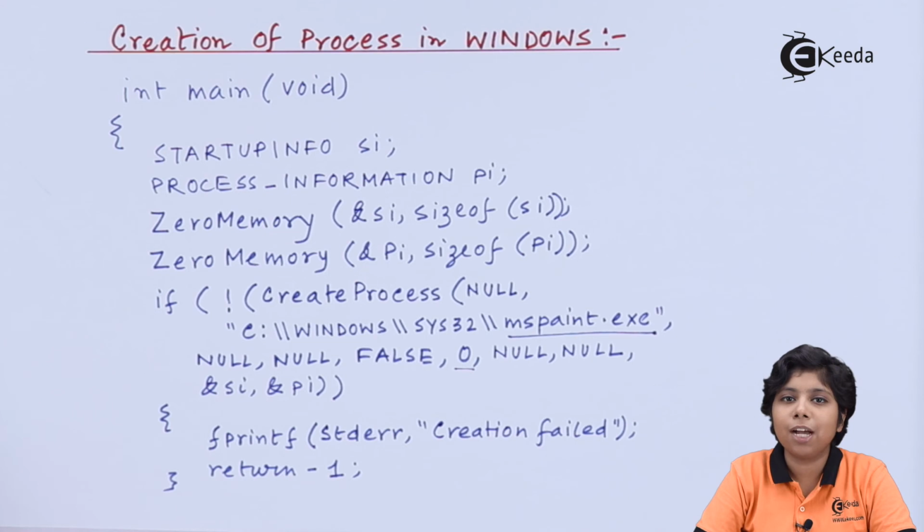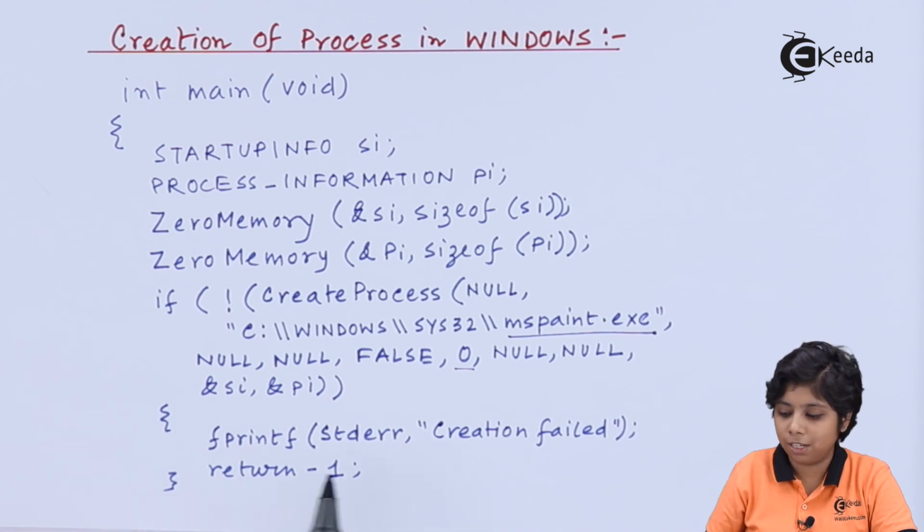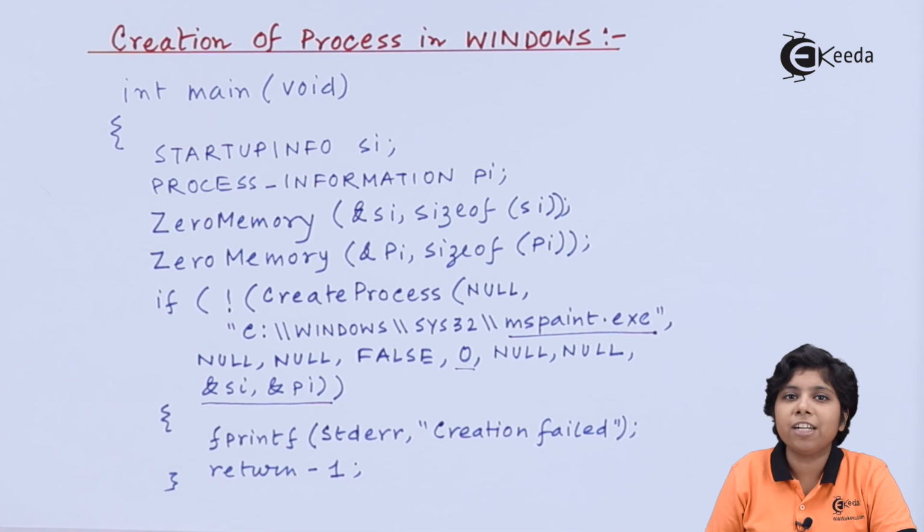Now the next two nulls specify that we are using the parent's environment and the startup directories for the child process. And the last two parameters are the pointers to the instances of the startup info structure and the process information structure. Now if the creation fails, CreateProcess gives an error message that the process creation failed, and it returns a number other than 0 for a successful creation.